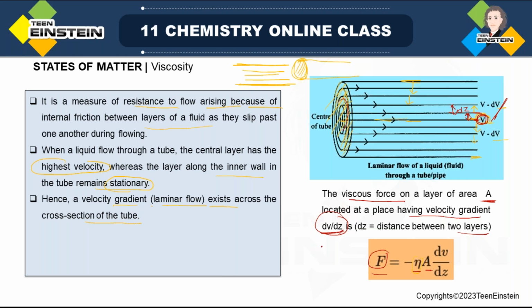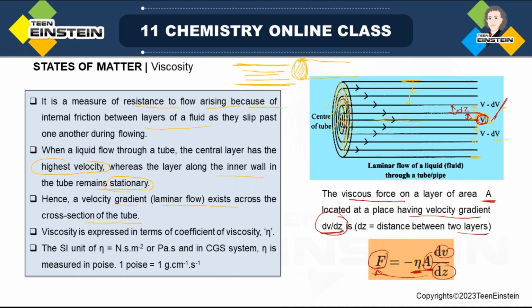So velocity gradient times area times eta is equal to force. If you bring all these quantities to the left-hand side, you can get the unit of eta. So viscosity is expressed by the letter eta, and we call it the coefficient of viscosity.